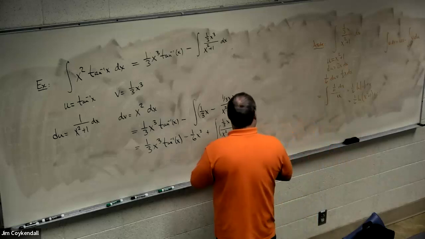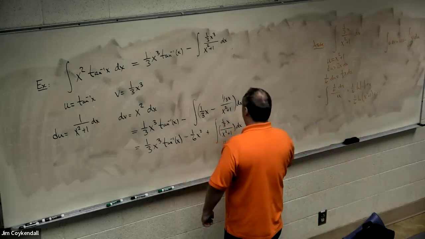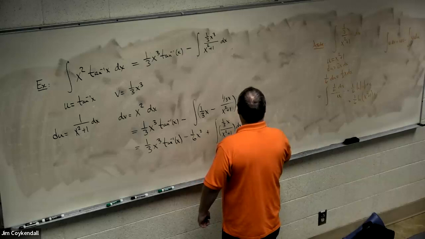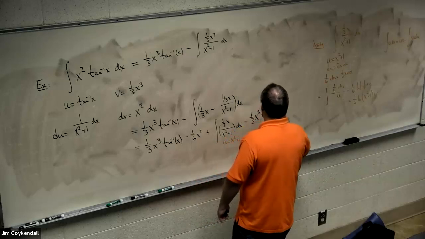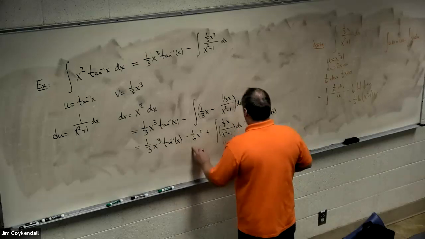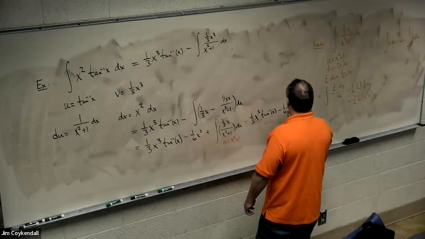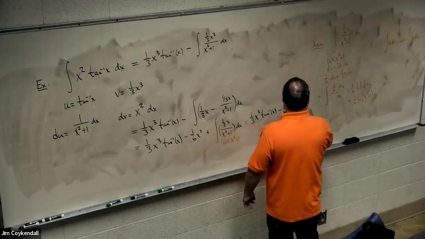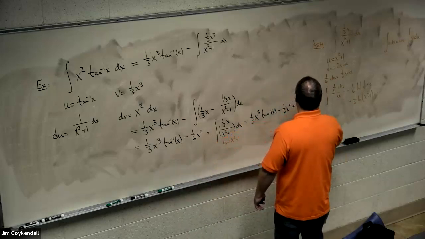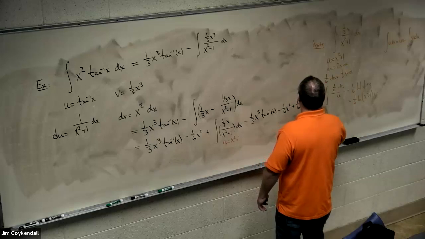To finish this all off, my final answer is 1/3 x cubed inverse tan x minus 1/6 x squared plus 1/6 natural log of x squared plus 1.